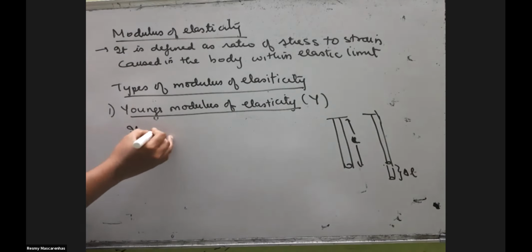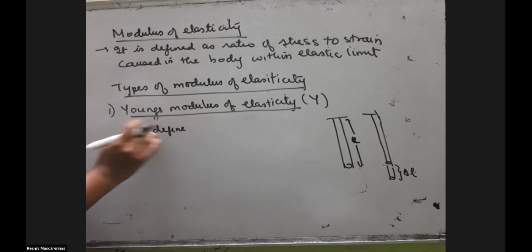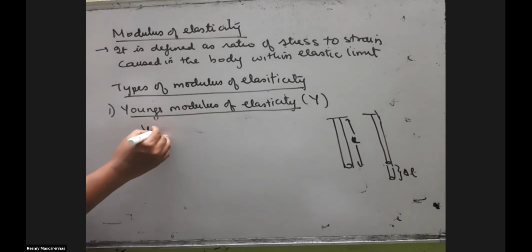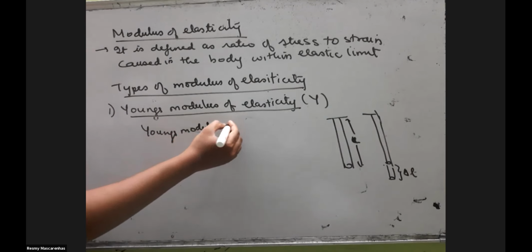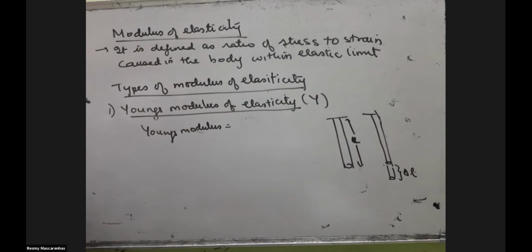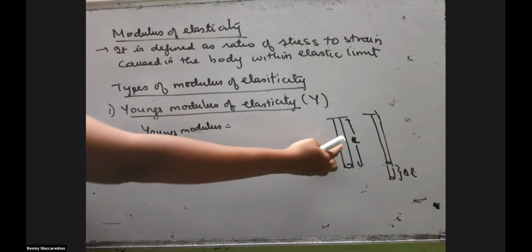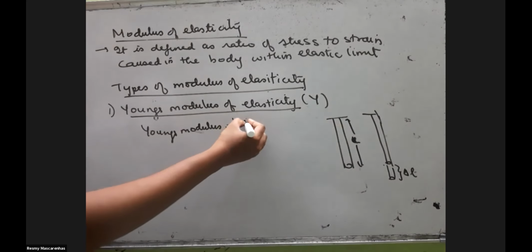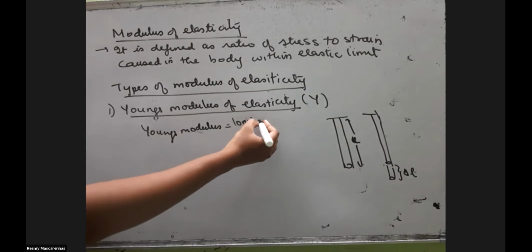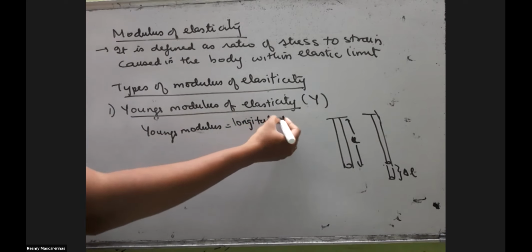That is defined. First we'll write this way, Young's modulus is nothing but stress upon strain. What is modulus? In general, stress upon strain. Now the only word we are using, because it is related to the length, will be longitudinal stress or tensile stress, both ways.